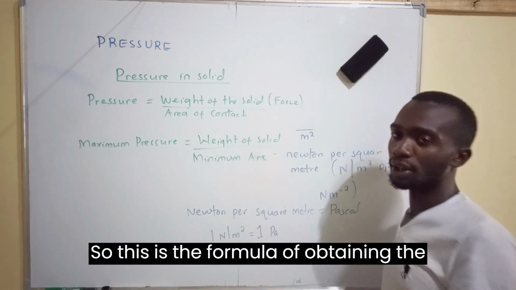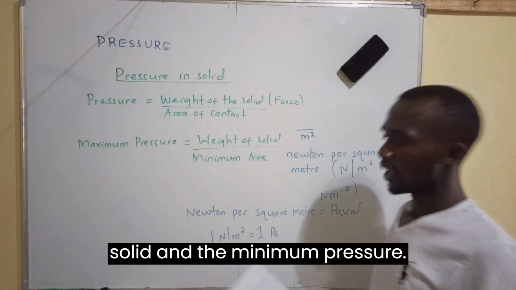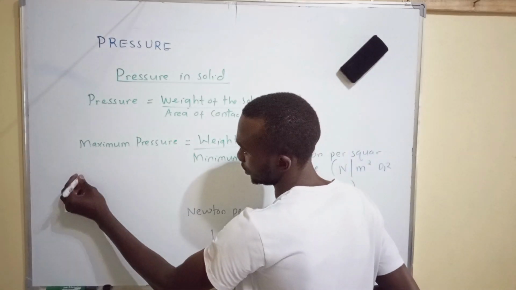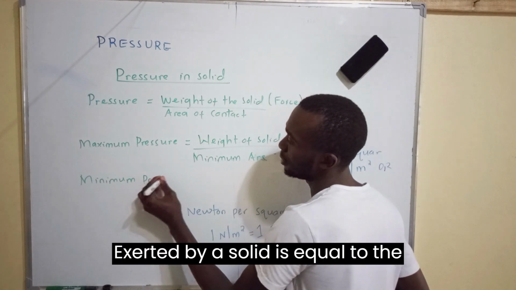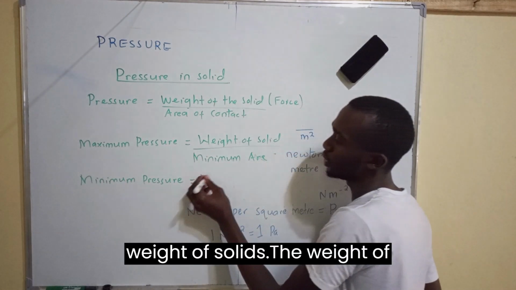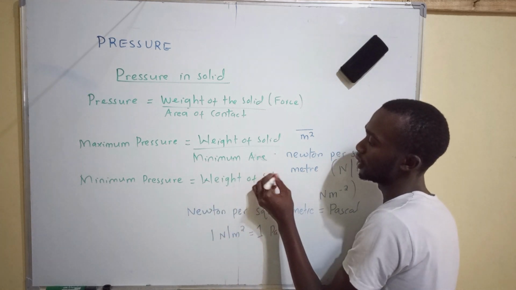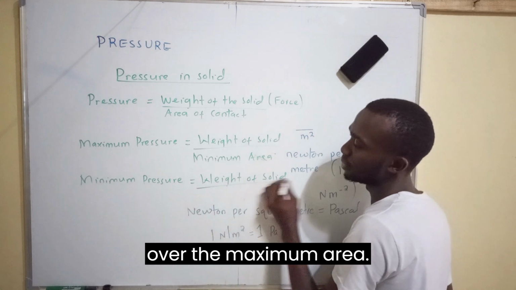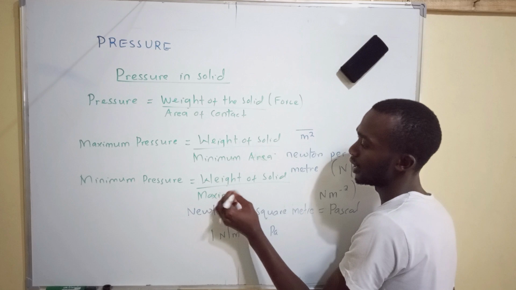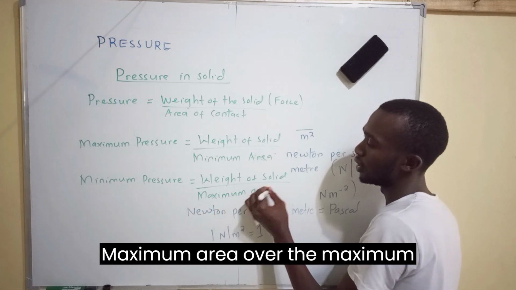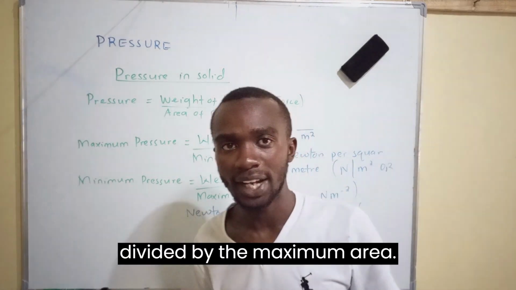This is the formula for obtaining the maximum pressure of any given solid. And the minimum pressure exerted by a solid is equal to the weight of the solid over the maximum area, that is the biggest area.